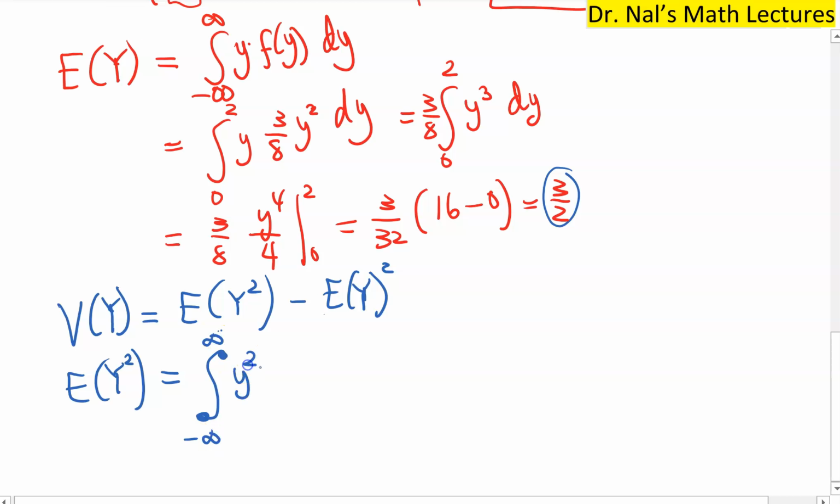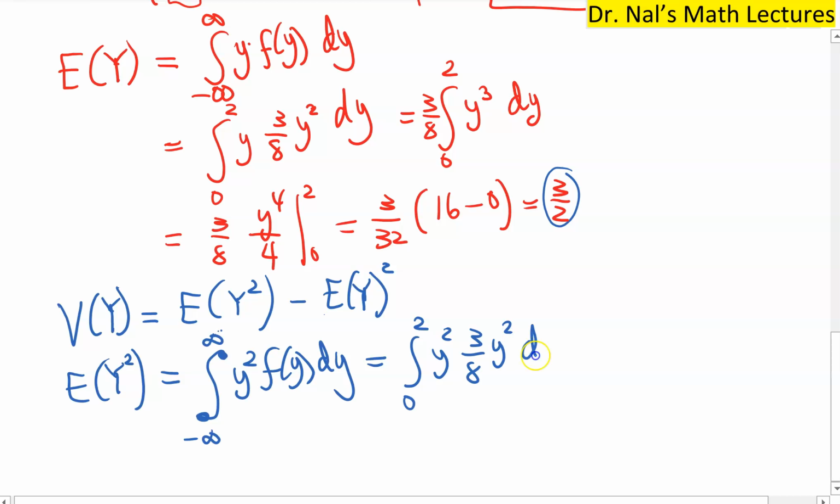Again, integration, I don't even need to check, so actually, okay, let's just do it in 2 steps. Y squared f of y dy, but again, because anything outside 0, 2 is just 0, so it's really between 0 and 2. Y squared 3 over 8 y squared dy, and that's pretty much it. So 3 over 8 integral 0 to 2 y to the 4 dy, and that is just equal to 3 over 8.